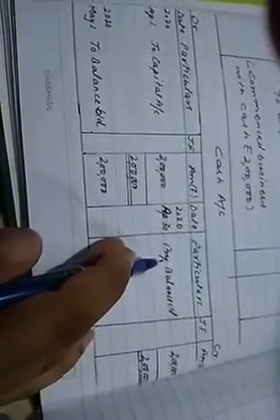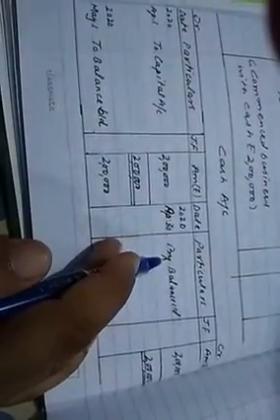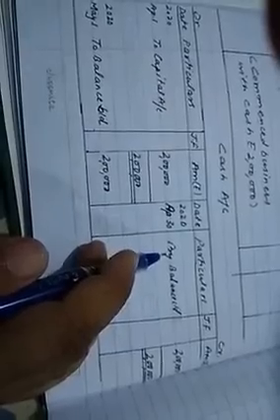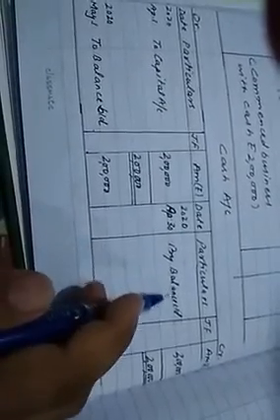How much balance is put here? 2 lakh rupees. It will be posted in the particular column by the name by balance carried down. Okay, right?